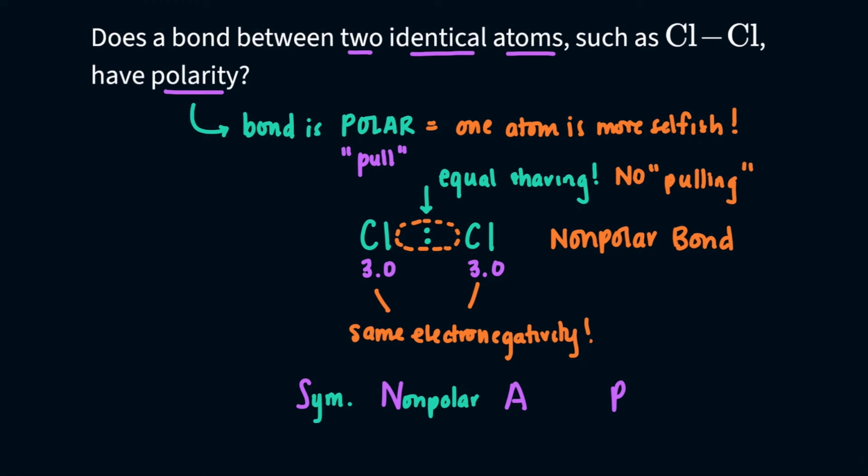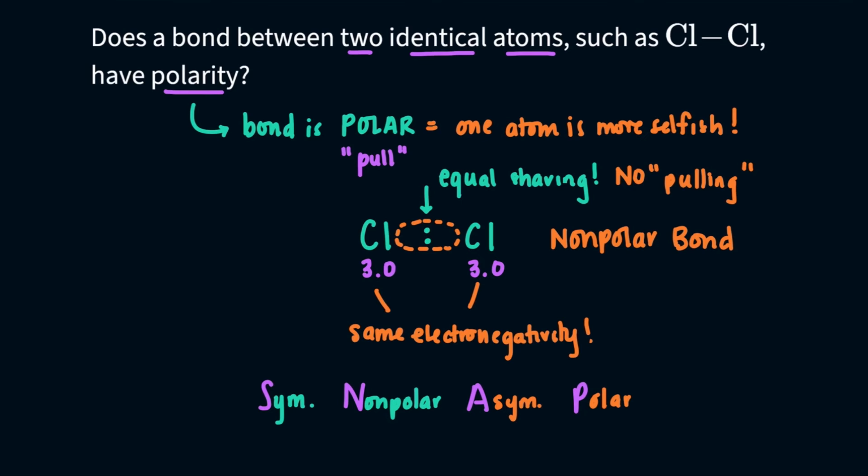And if the atoms in that bond are asymmetrical, then that bond would be polar. This is a general acronym. You just have to really watch out for your electronegativities. But in this case, they are totally symmetrical. Chlorine is on the left and on the right side.